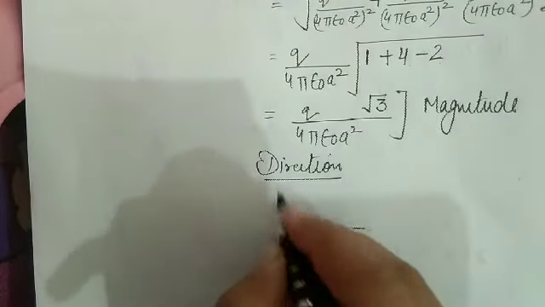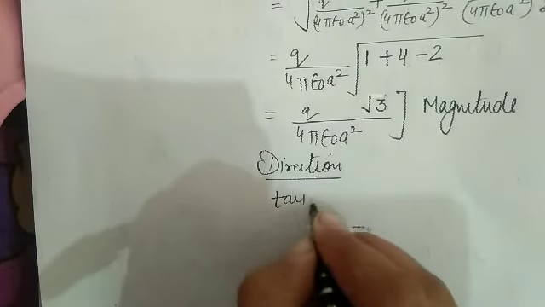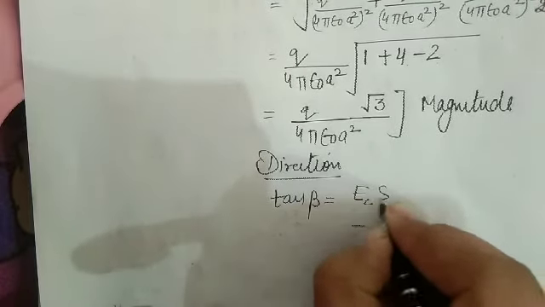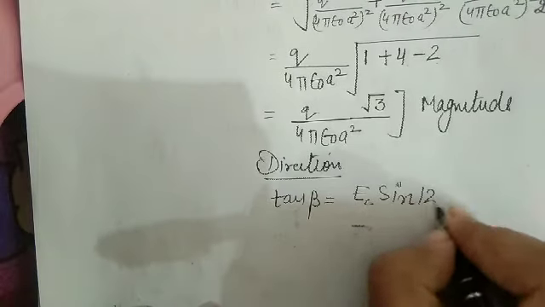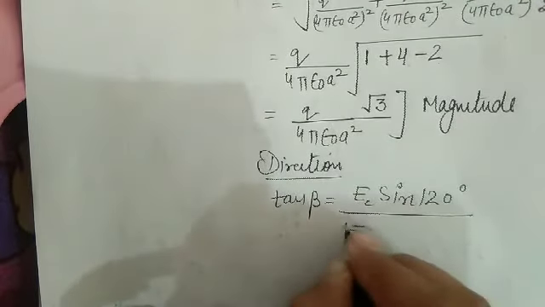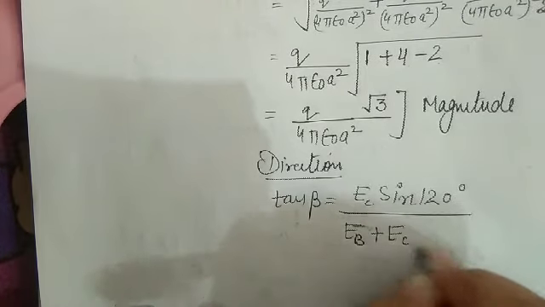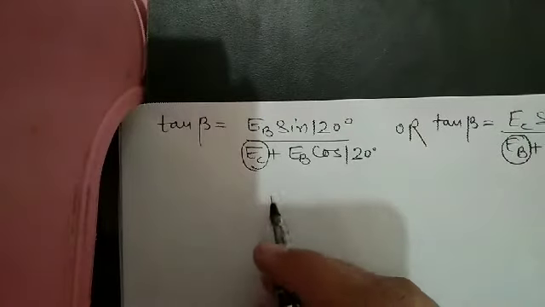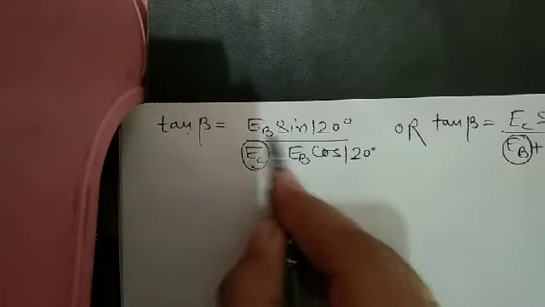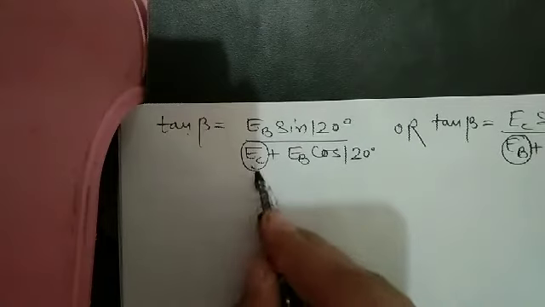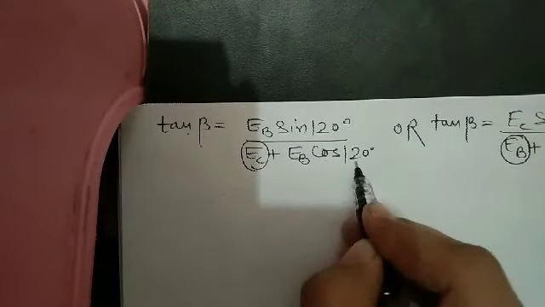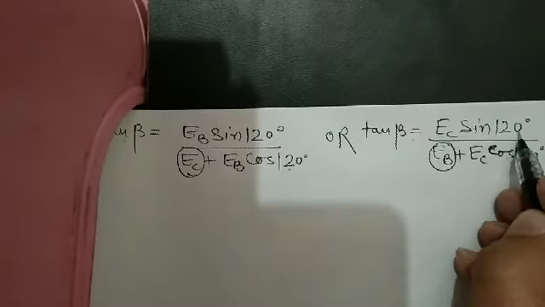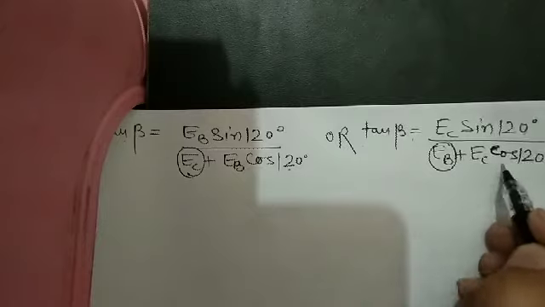So tangent beta is equal to, B means the second one, EC sin 120 degree upon EB plus EC cos 120. So you have two possible cases to consider for the direction: tangent beta equals EB sin 120 degree upon EC plus EB cos 120 degree, or tangent beta equals EC sin 120 degree upon EB plus EC cos 120 degree.